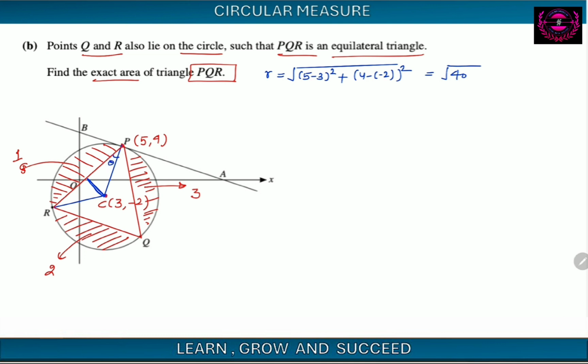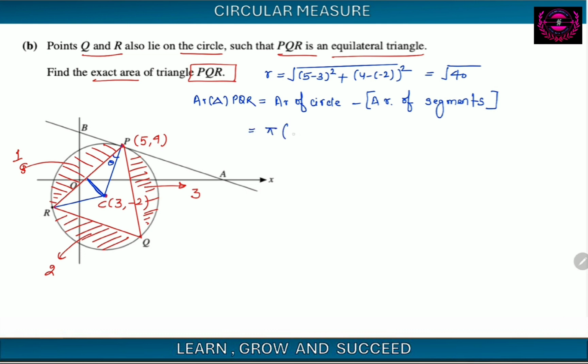So for now we will be calculating the area using: area of triangle PQR equals area of circle minus area of segments. So the area of the circle will be pi r square.